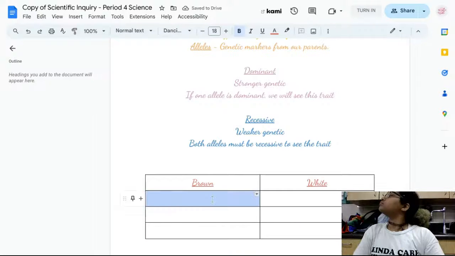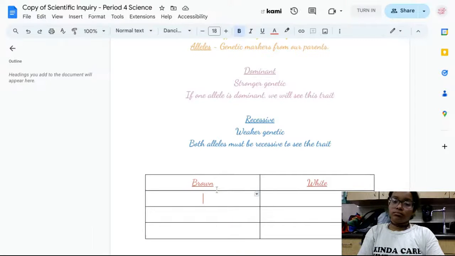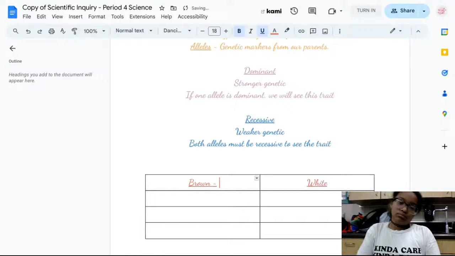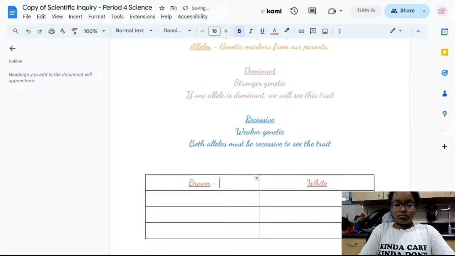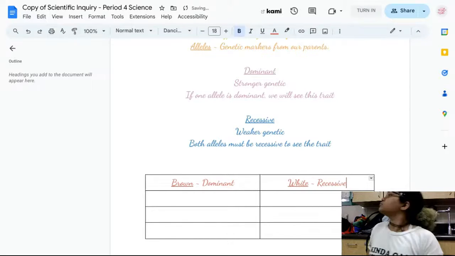So each of these wobbles here, let's go with that color there. We're going to try to determine, based on what we see here, how many wobbles have brown fur and how many have white fur.